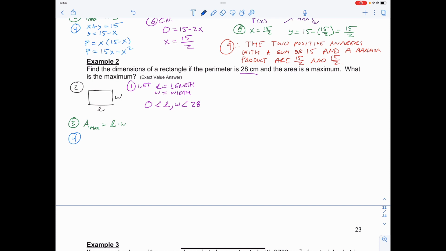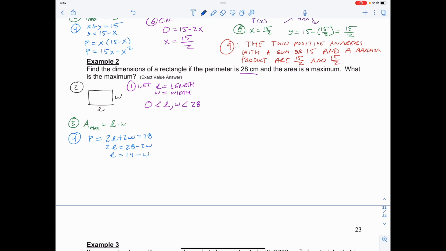Well, for the one variable, I'm going to state that if the perimeter, which is 28, is equal to 2 length plus 2 width, then 2 length is going to equal 28 minus 2 width, which means that the length is equal to 14 minus the width.